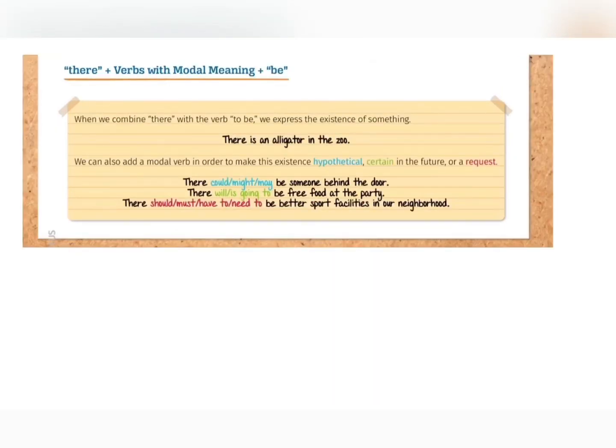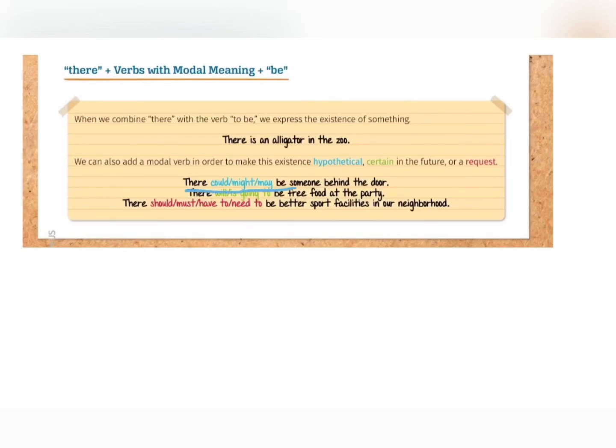And our last topic from unit number 8 was there plus verbs with modal meaning plus be. So when we combine there with the verb to be, we express the existence of something, and we had to make this existence either hypothetical or certain in the future, or maybe a request. Some of the modal verbs that we can use to decide how the existence of that something will be are could, might, or may.